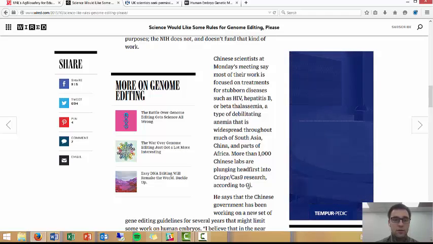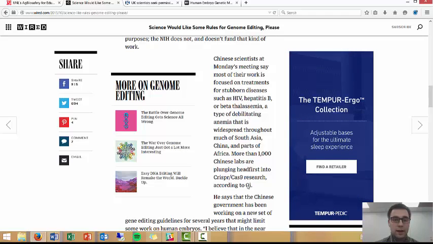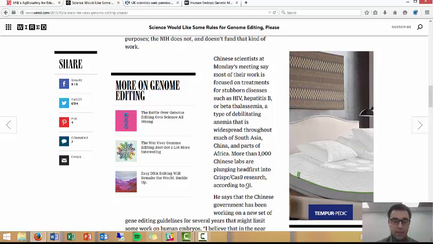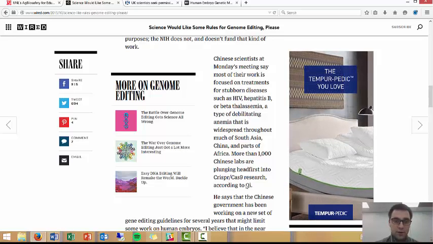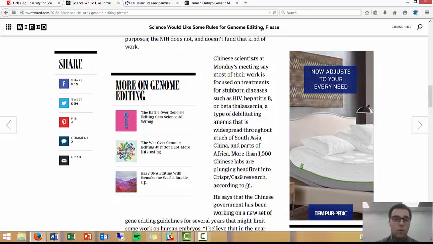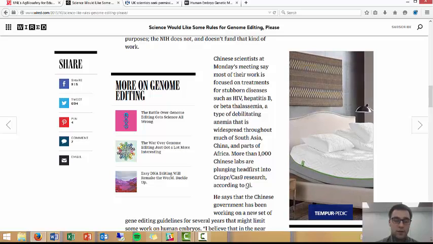So Chinese scientists are working on this to try and find the gene that causes this sort of blood disorder, and either cut it out and replace it, or just cut it out. Now the implication is that these scientists don't necessarily know what the effects will be.